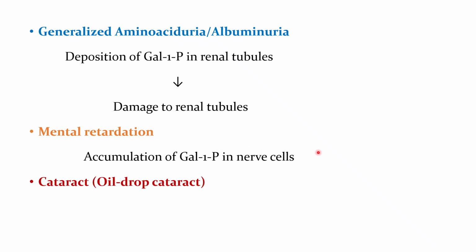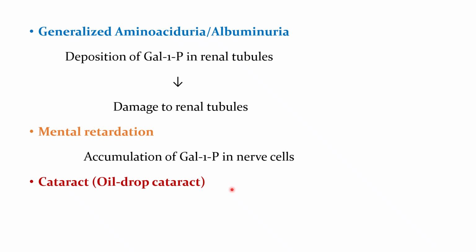The next clinical manifestation is cataract. The characteristic cataract in galactosemia is called oil drop cataract. Like in diabetes, we have studied the characteristic cataract as snowflake cataract. Like in Wilson's disease, there is sunflower cataract. Why is there cataract in galactosemia?